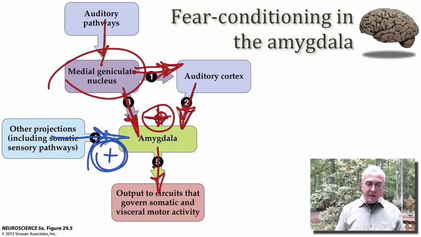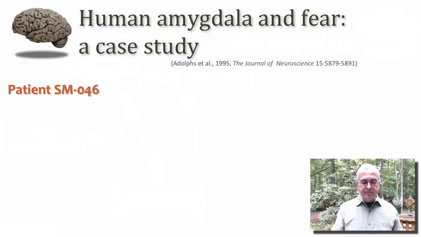Well, I think that this has been a wonderfully productive model, but some have questioned its relevance to human emotion, especially human fear. But I think that the relevance is real and compelling, in large measure because of studies of one particularly instructive patient who has come to the medical literature in the last couple of decades and has been studied extensively with a group based at the University of Iowa here in the United States.